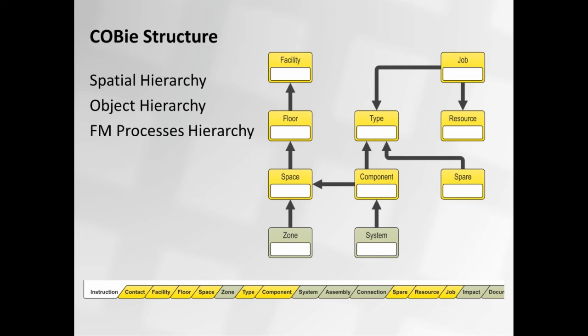And I have probably some spares, and I need to know where they are and in what niche they are. And I need to know that if I want to replace them, there are some activities that I need to run on them, and this will take some resources. Does it make sense? So these are the main classes of information that we have in COBie.